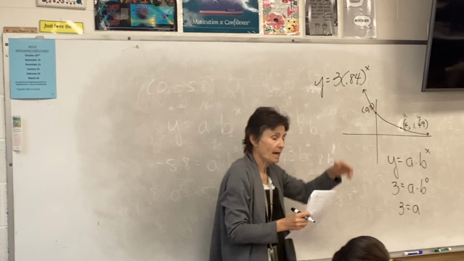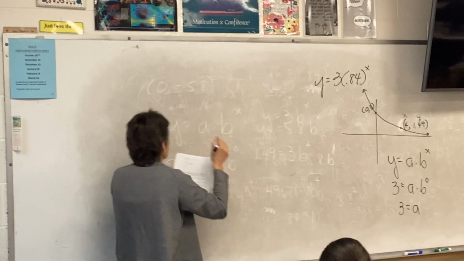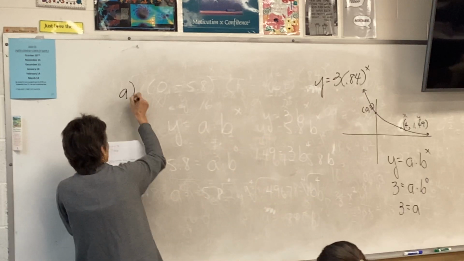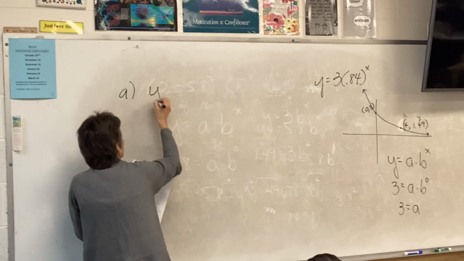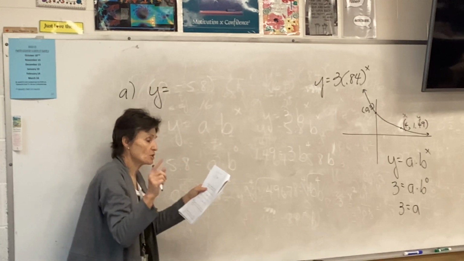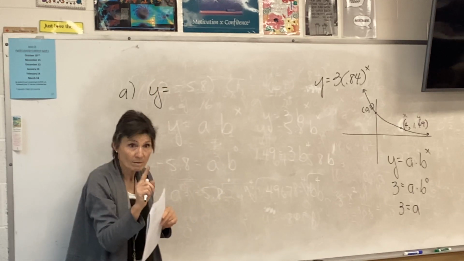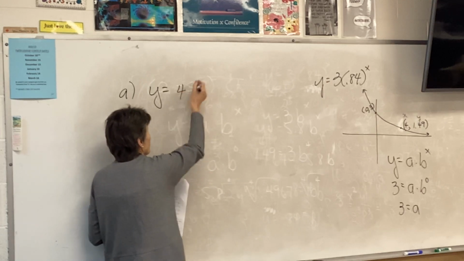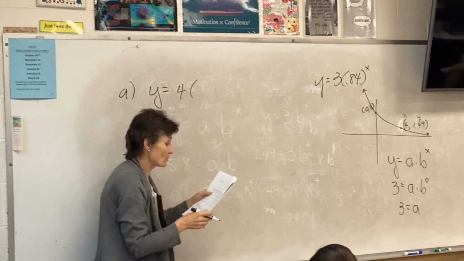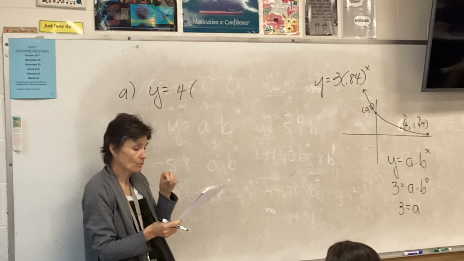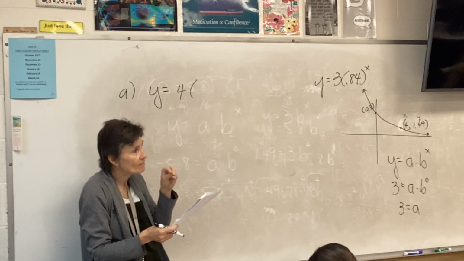Now number 2 says you're gonna do the same thing. They give you an initial value that's 4, so we're gonna start with 4. And they're telling you that you are increasing 11%.